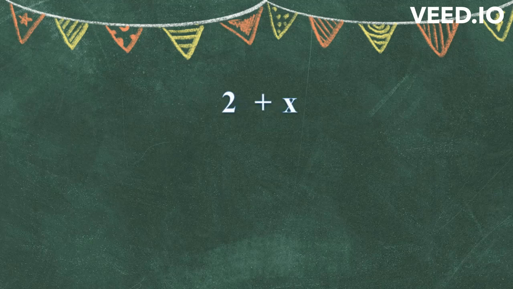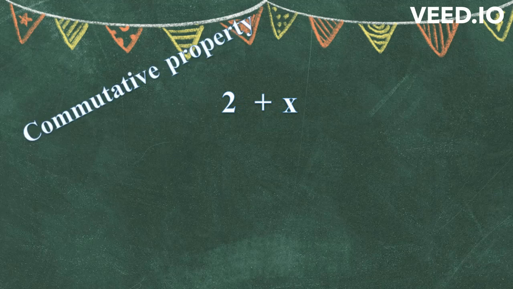Now we have something else here. We have 2 plus x. We have commutative property which says we can swap the terms when they are connected by addition. See, 2 plus x can be written as x plus 2. It is the same thing.